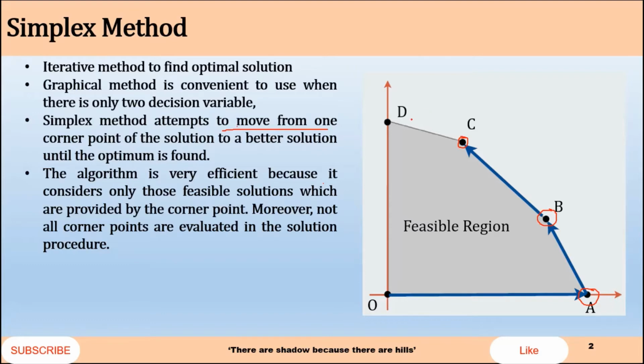So it will not go to point D to check whether that particular point is the optimal solution or not, right? So in this process all the corner points are not evaluated. However, computations are very tedious, repetitive and boring, right? So you have to do the same task repeatedly until the optimal solution is found.